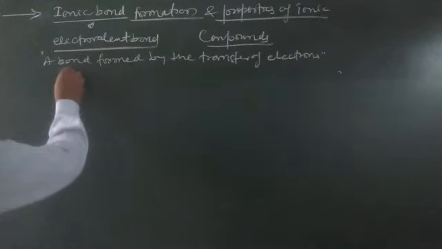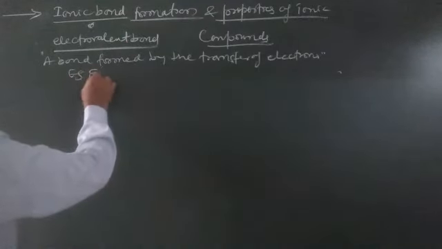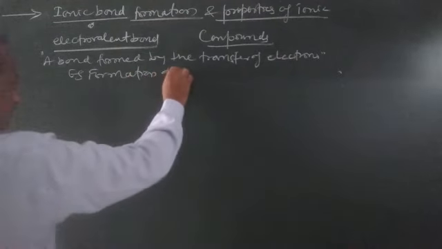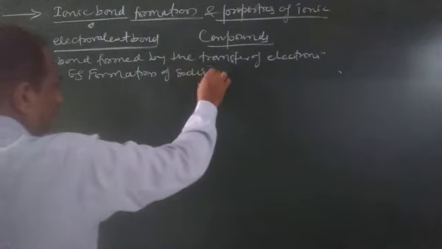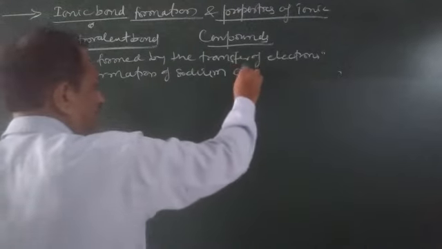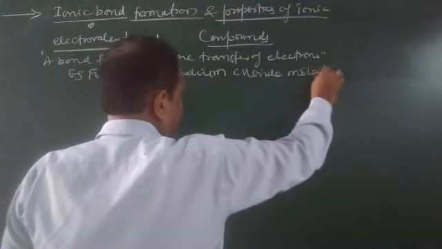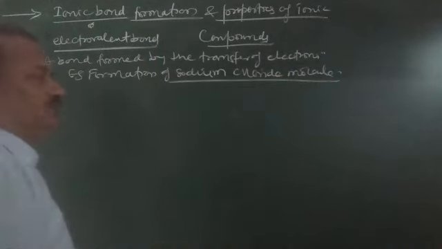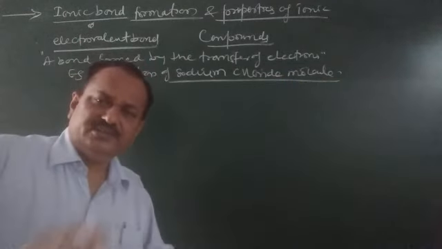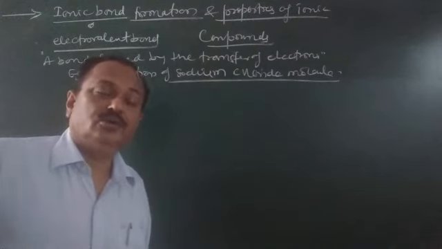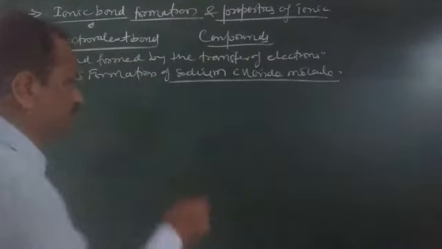See, example, formation of sodium chloride molecule. We'll see how sodium chloride molecule is formed. So actually, children, in all the cases, there is the loss or gain of electrons.